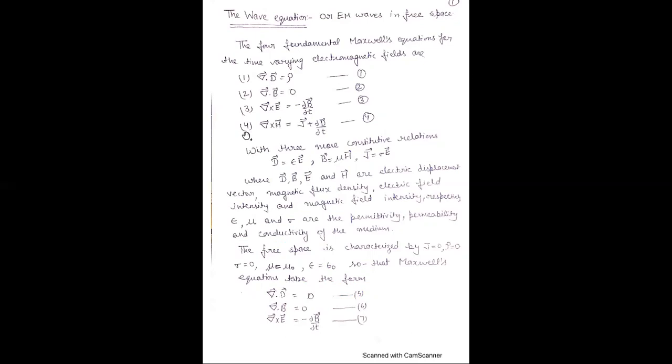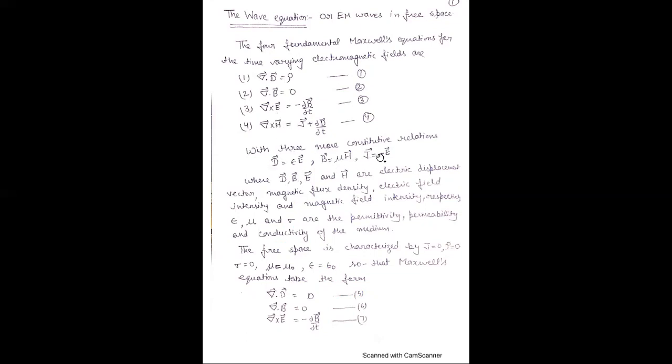And the fourth equation is del cross H, means curl of H, that is equal to J plus ∂D/∂t. J is the current density here, D is the electric displacement vector. Maxwell equation 4 is basically the modified form of Ampere's circuital law.